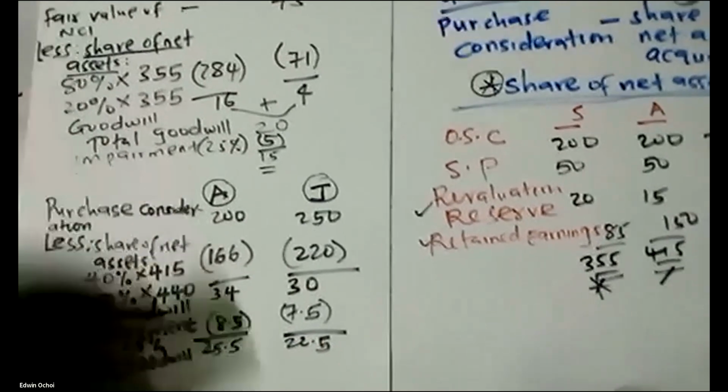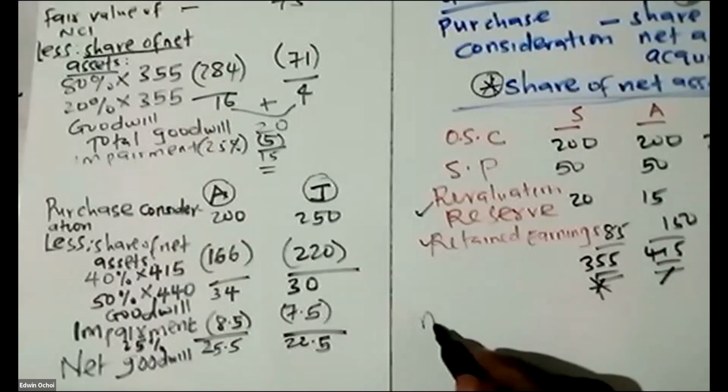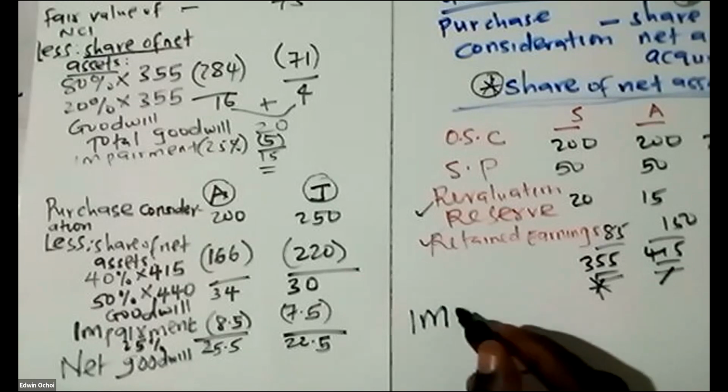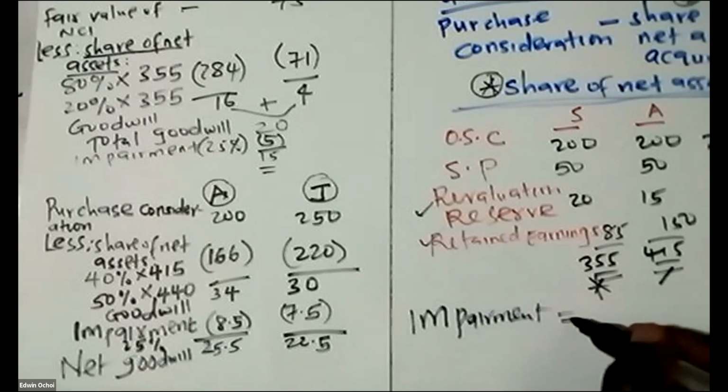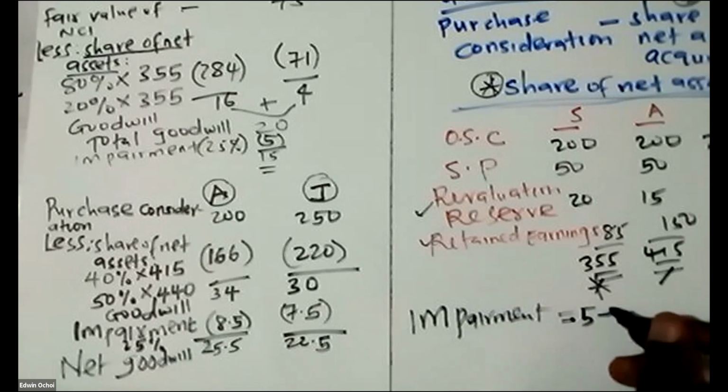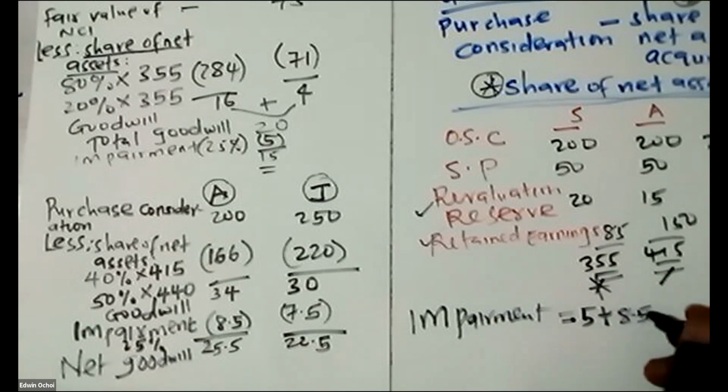So I was looking for the impairment. The impairment to record now in the income statement as an expense is 5 plus 8.5 plus 7.5.